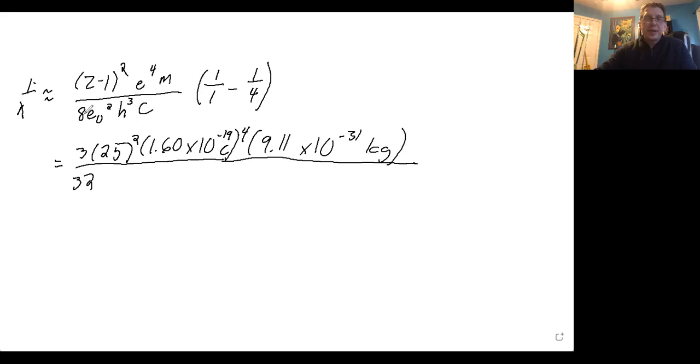So you have this term we've already accounted for. That's 8.85 times 10 to the negative 12 coulombs squared per newton meters squared, and you're squaring that.